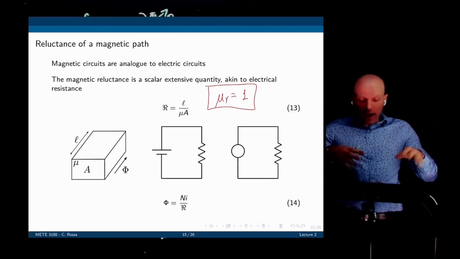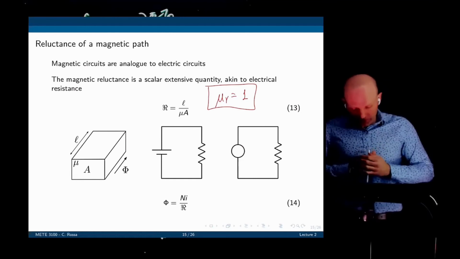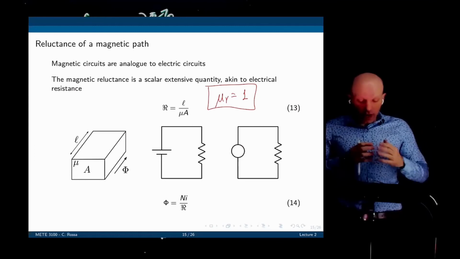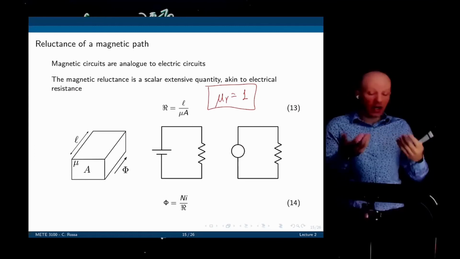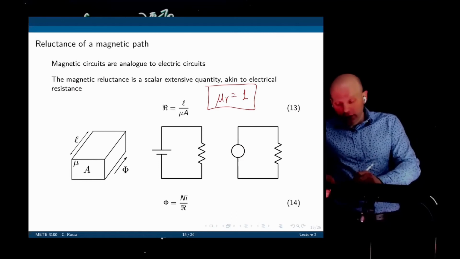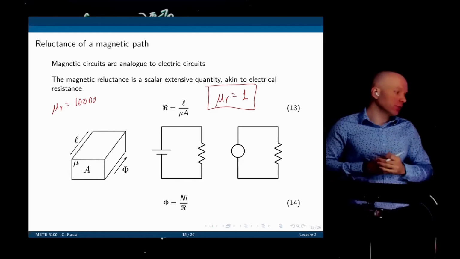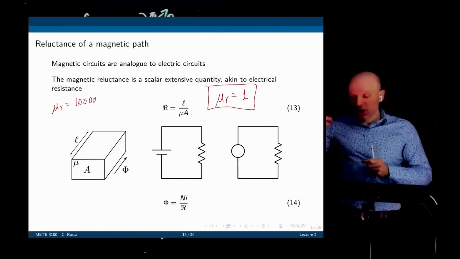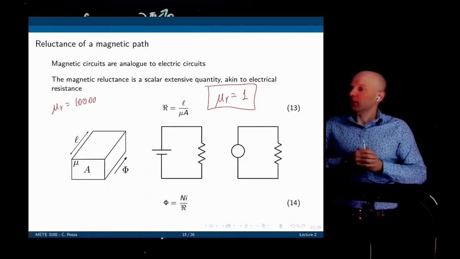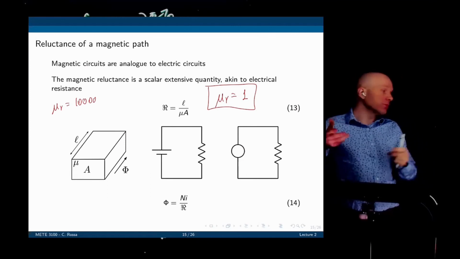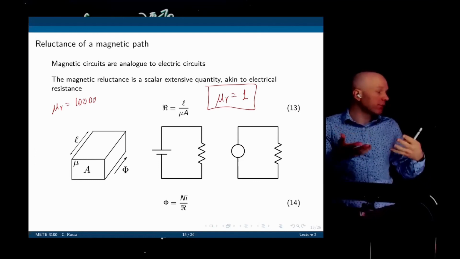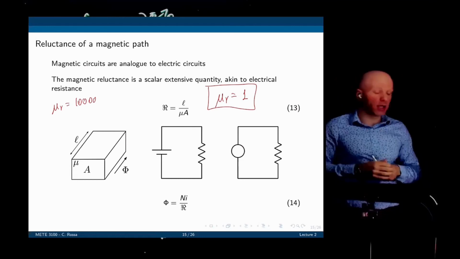The higher the permeability, the easier it is to establish a magnetic field. So iron, for example, would have a relative permeability of around 10 to 50,000, whereas for air the relative permeability is 1. It would take 10,000 times less magnetomotive force to establish the same magnetic field in iron than it would take in air.